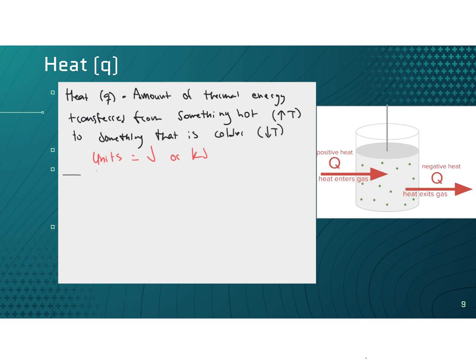Now, knowing this information here, we can make a few definitions. A process is known as exothermic if heat is transferred from the system to the surroundings.